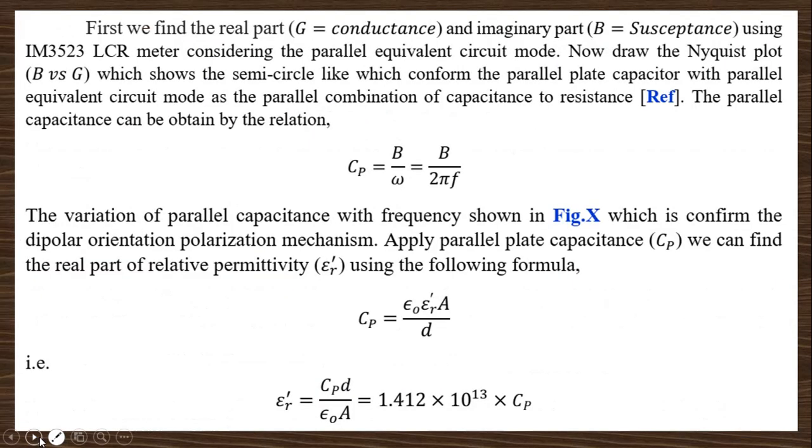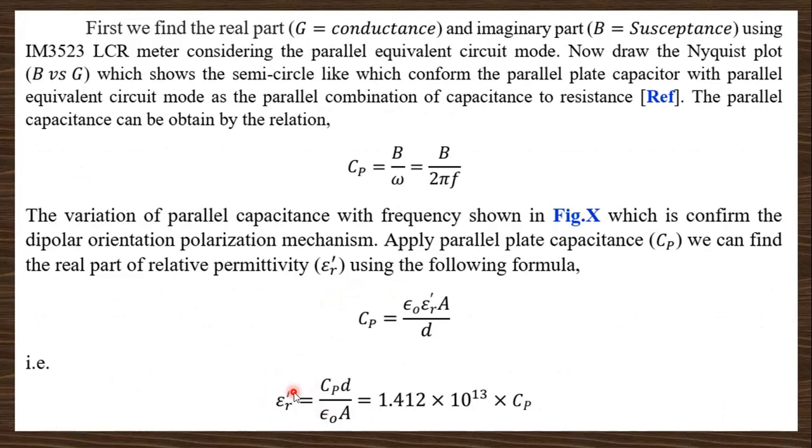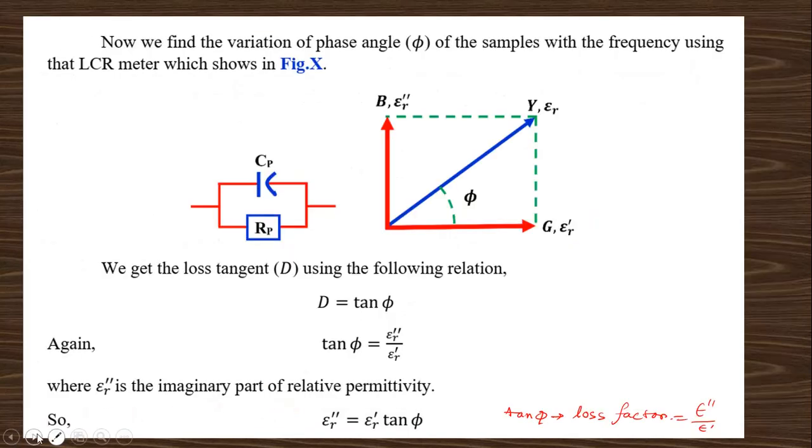Okay, so first we get the capacitance, and it can be related to the frequency. This can be found from the Nyquist plot, and this capacitance is related to the relative permittivity like that. From here you can get the relative permittivity from this capacitance relation. That means this capacitance gives you the real part of the relative permittivity, right?